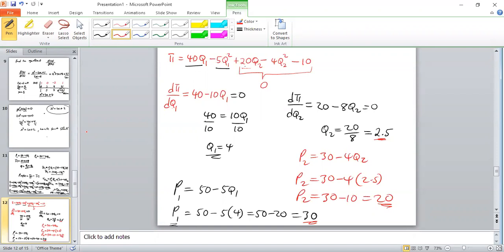Okay. So if they even asked you to find the profit, the maximum profit, just substitute the value of Q here in this same equation. The maximum profit, if they asked you, it would have been 40.